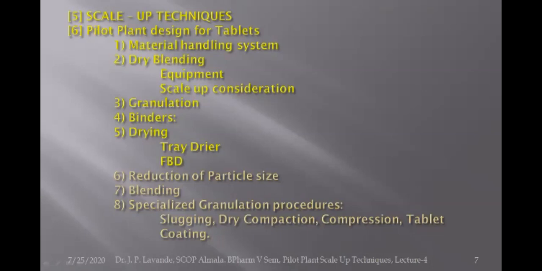In the drying consideration, we saw the tray dryer and the FBD. So during all these stages, what we have to consider is the airflow, the duration, the exposure, and the depth of the granules which are subjected to the granulation and drying processes.